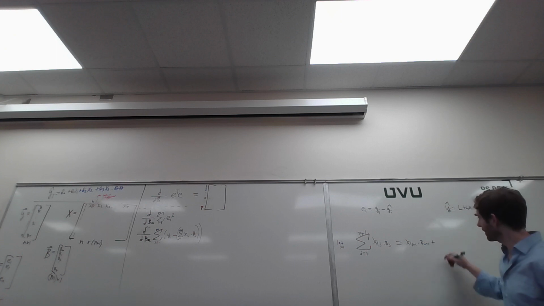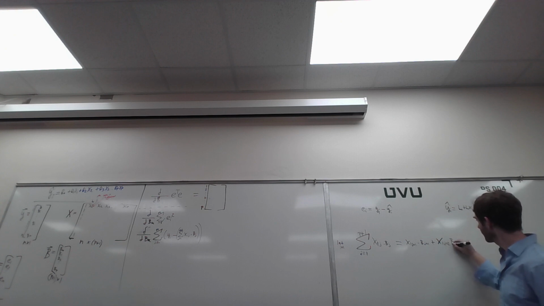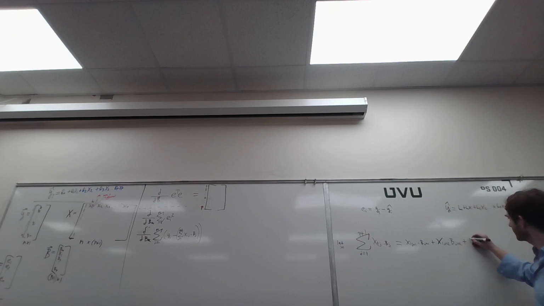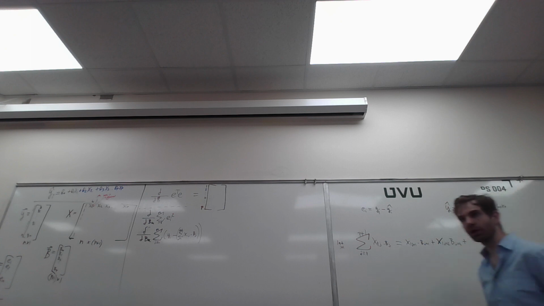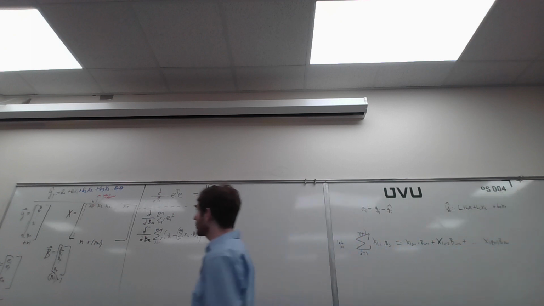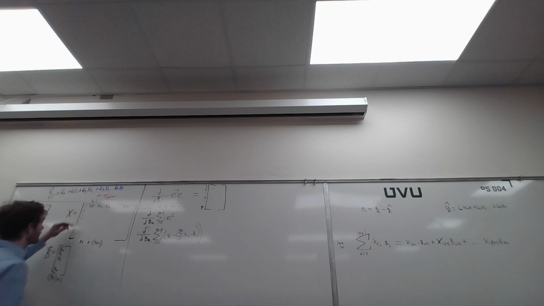I need to add to that x_1,2 multiplied by beta_2, then the next one, and I'm going to keep adding those until I get to x_1,p+1 multiplied by beta_p+1. And what are those? Well, they're nothing else but these elements.